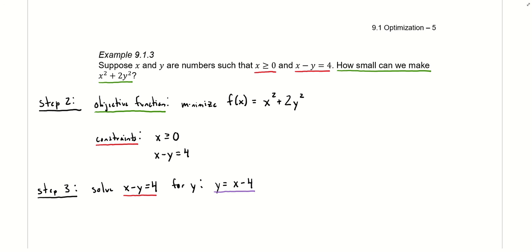And now I'm going to substitute that in for my y in my objective function. So substitute y equals x minus 4 into our objective function.